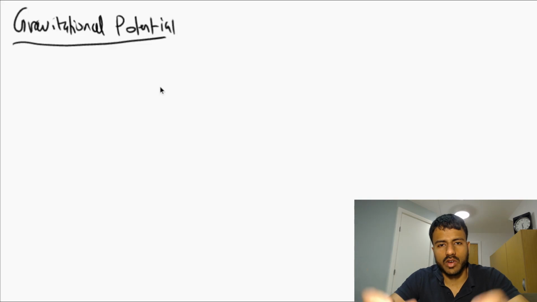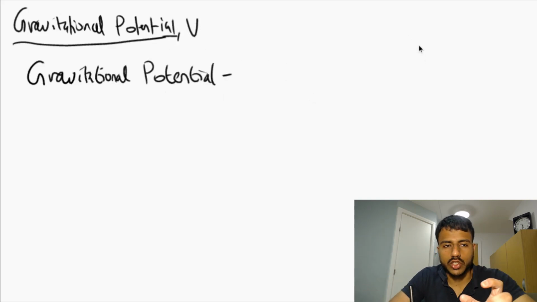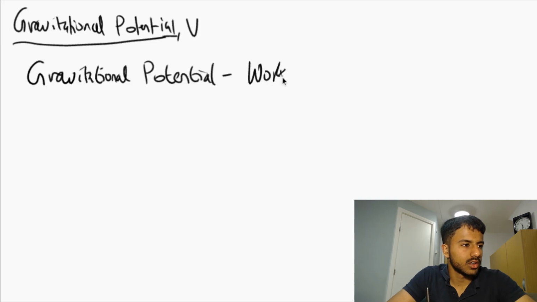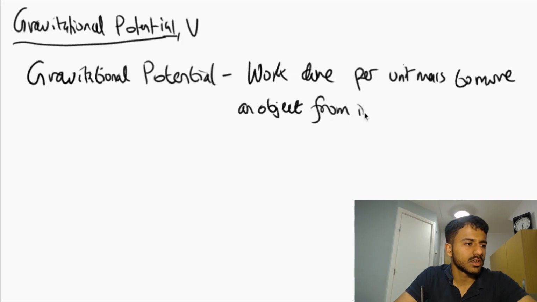So we've now talked about gravitational potential energy. Let's define something called the gravitational potential, known as V. So the gravitational potential is the work done per unit mass to move an object from infinity to a point.